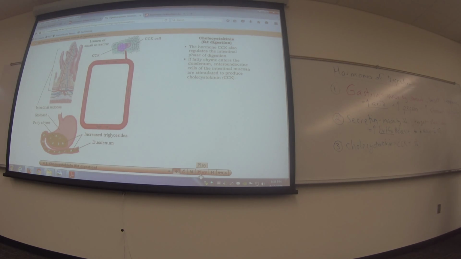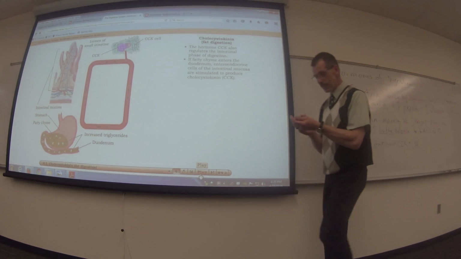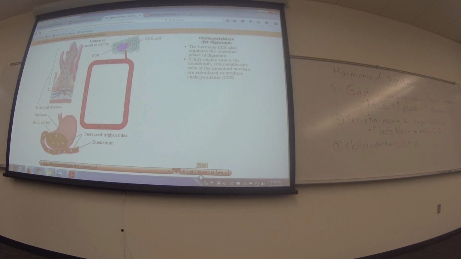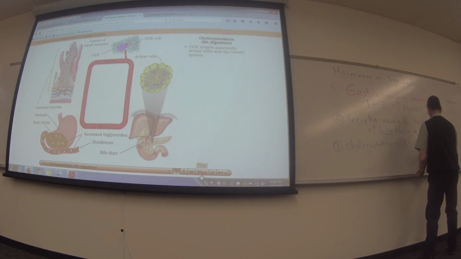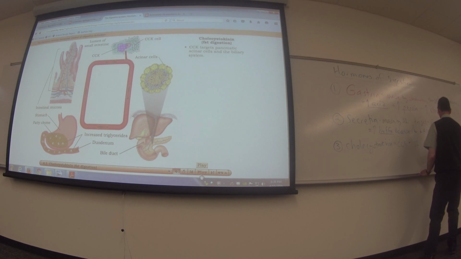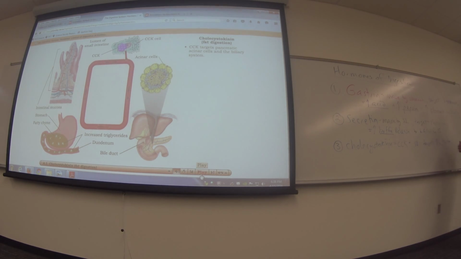Okay, so now we're going to target something. We're going to go from our small intestine to where? Let's find out. CCK targets pancreatic acinar cells and bile ducts. That means it targets the bile system. From that information alone, you can tell me why you're producing CCK.